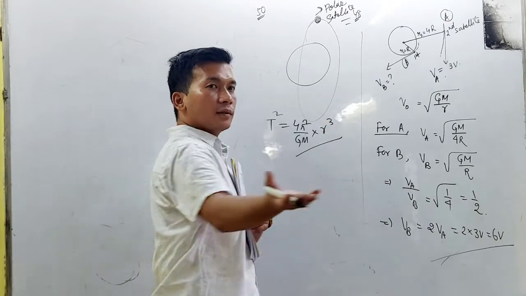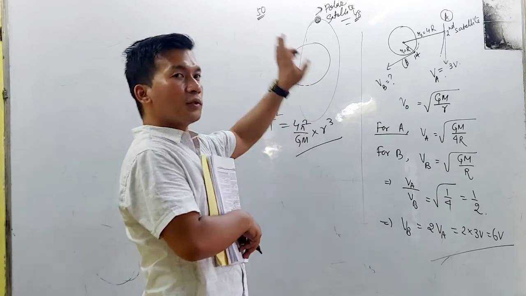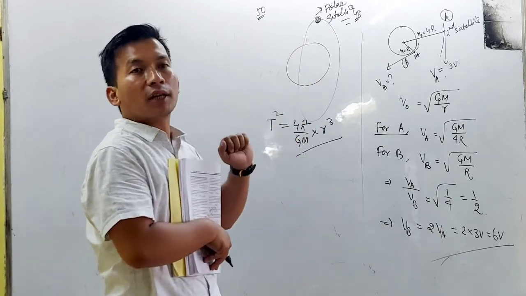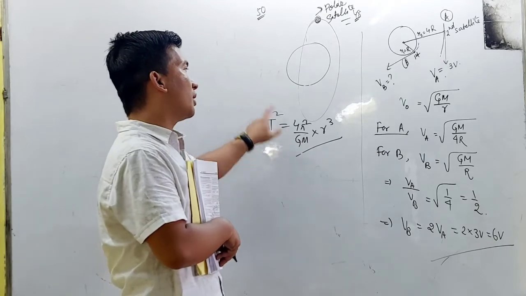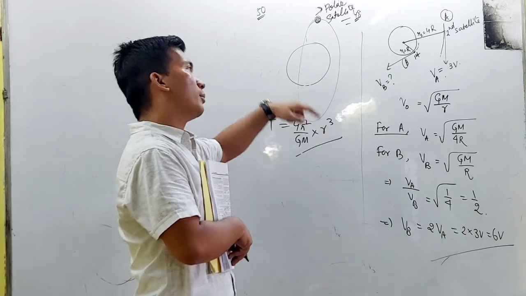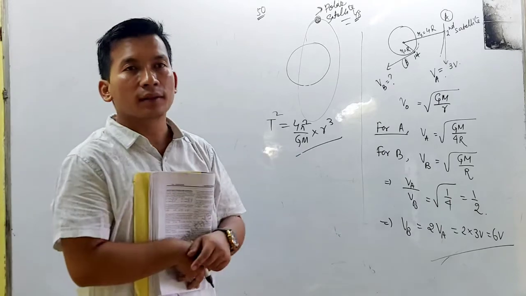This formula will be true for any type of satellite, it can be applied to all. After using this formula and putting in the required values, for geostationary it comes out to be 24 hours.